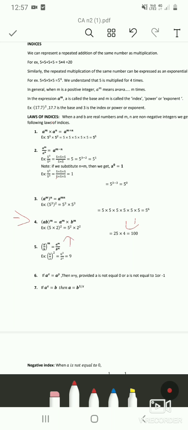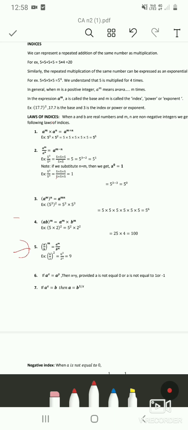Here a is 5, power m is 2, so 5 square into b is 2 and m is again 2, so 5 5's are 25 and 2 2's are 4, so you can write it as 100. So let's move to the next law, that is the fifth law.